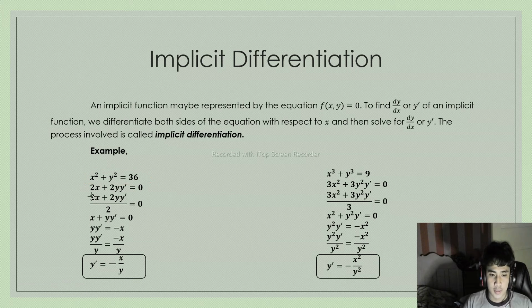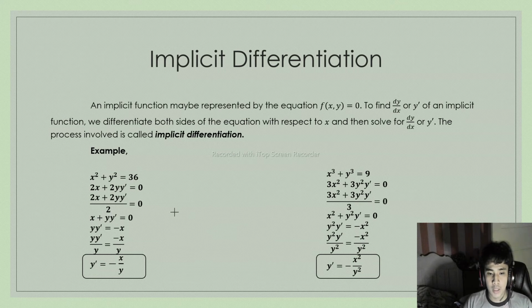So first step, derivative muna natin sila, itong buong to derivative muna natin, and that will be 2x. And take note, every time nagagalawin na i-derivative natin yung y, meron siyang lalabas na y prime. Yes. So 2x plus 2y y prime is equal to 0. So ang gagawin natin, i-lowest form muna natin siya, and that will be x plus y y prime.